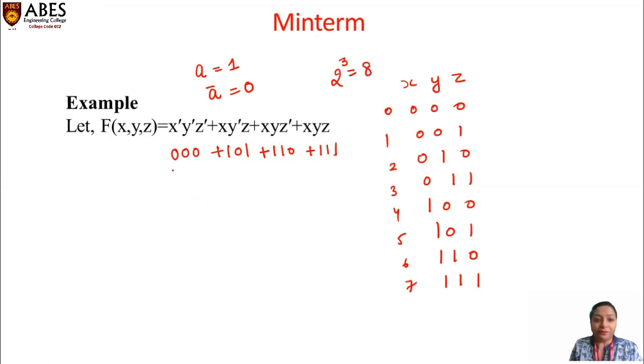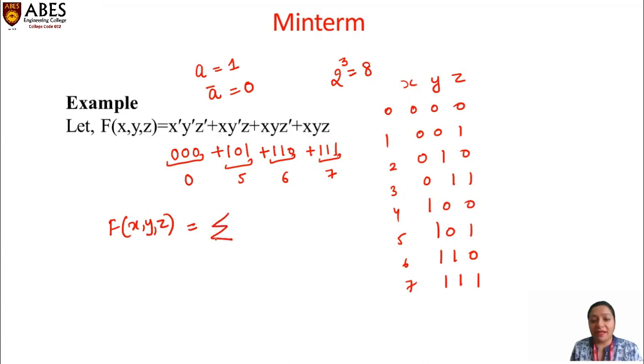Right. So now, what is this in decimal form? 0, this is 5, this is 6, and this is 7 in the binary form. So, we can write it like this, that f of x, y, z is equal to summation.